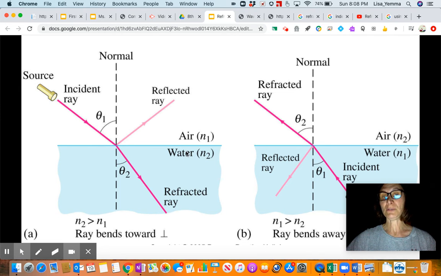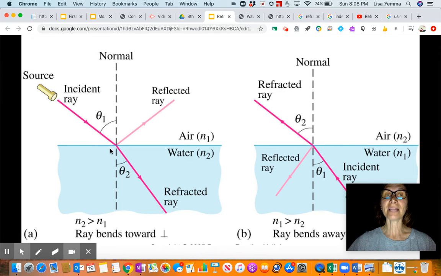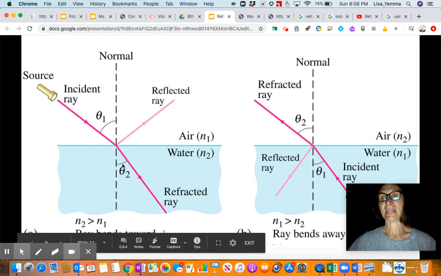So the interface between air and water, when you're out on a sunny day on your boat or fishing on a lake, the reflection, there is light that reflects back to you, which is why it's so hard to see when that light's reflecting. Also, light is being refracted. As the light moves from a less dense air into a more dense water, the angle decreases from normal.